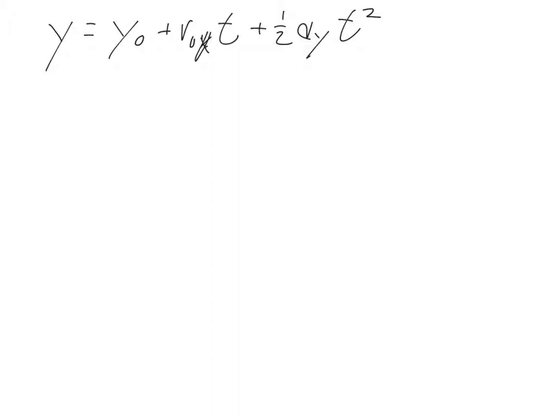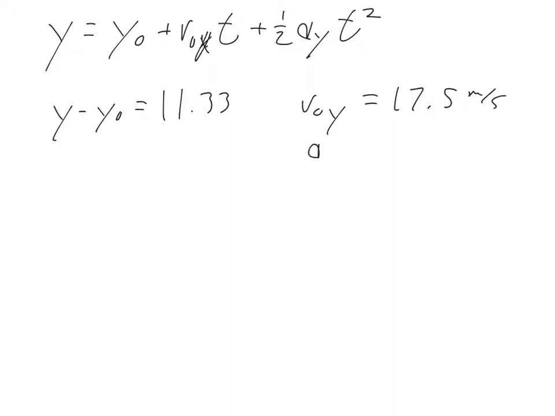So, our y displacement, y minus y naught, we're going to look at when it's at the height of the Green Monster itself. V naught y is the same value that we found before of 17.5 meters per second, and acceleration due to gravity is negative 9.8 meters per second squared. So we just want to solve for time, and this means we're going to be solving a quadratic equation, so we'll get it in the form of the quadratic equation.